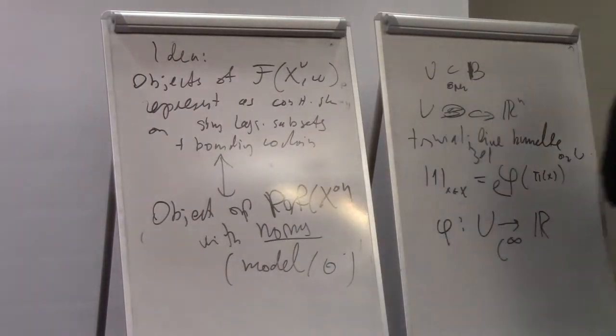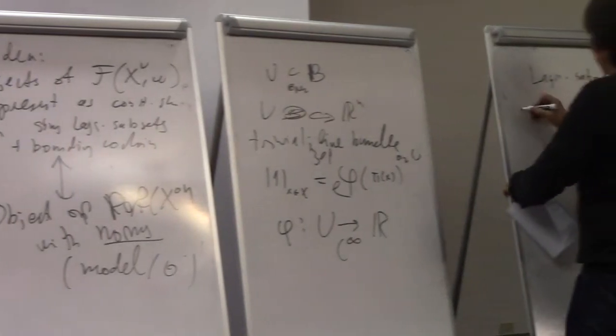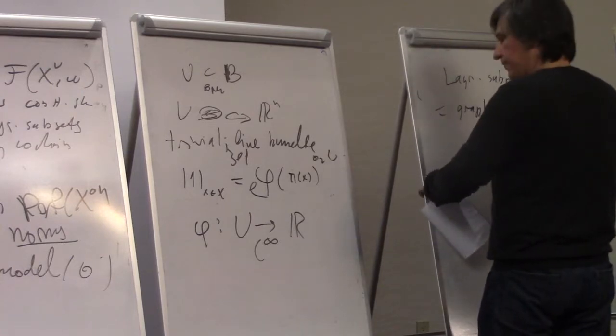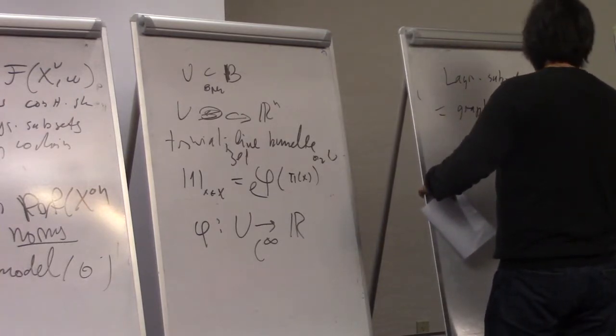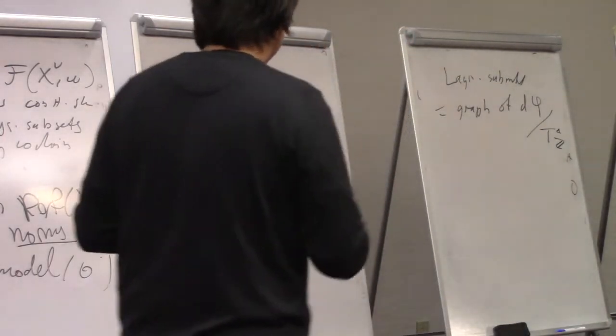And my Lagrangian subset is a submanifold, actually here it will be the graph of the differential of this function phi, modulo the integer part of the cotangent bundle. So project to the cotangent bundle.